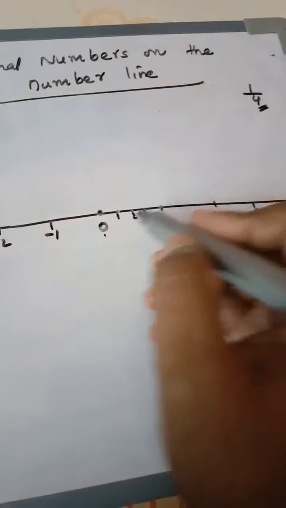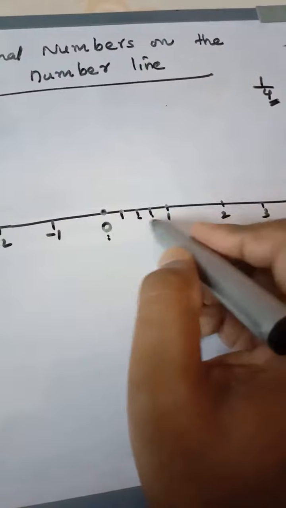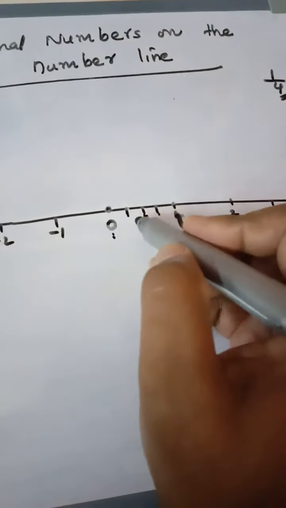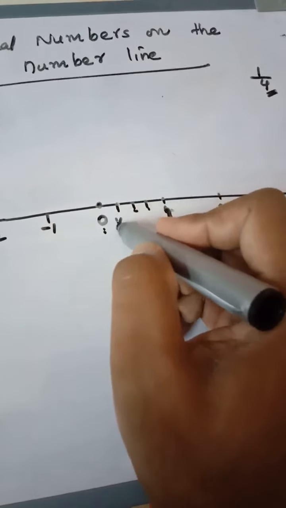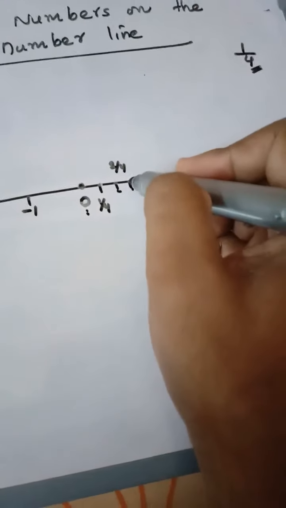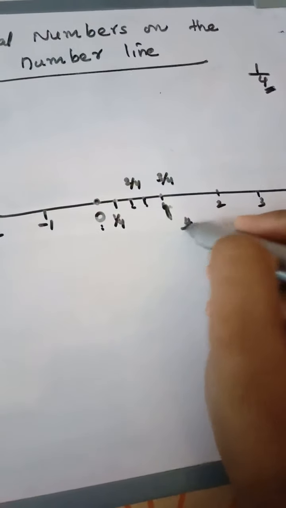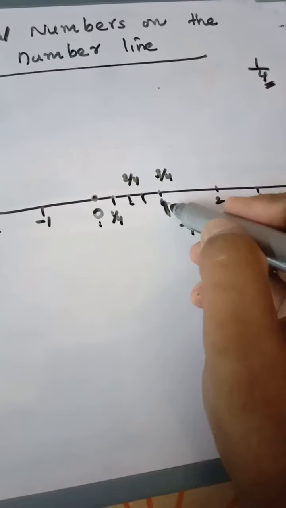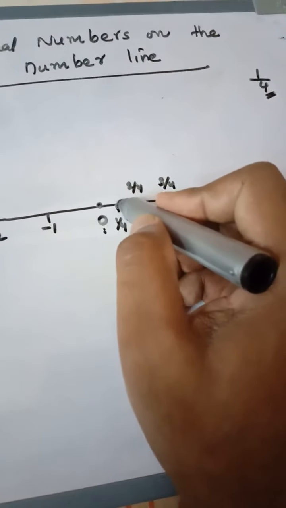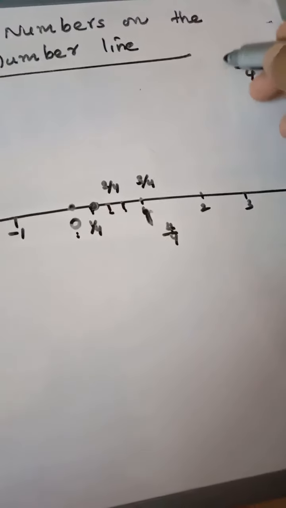So divide the portion between 0 and 1 into 4 equal parts, and name it: the first one will be 1 by 4, the second one will be 2 upon 4, the third one will be 3 upon 4, and the fourth one will be 4 upon 4, which is obviously equal to 1. So here we are getting this point as the point which represents the rational number 1 upon 4.